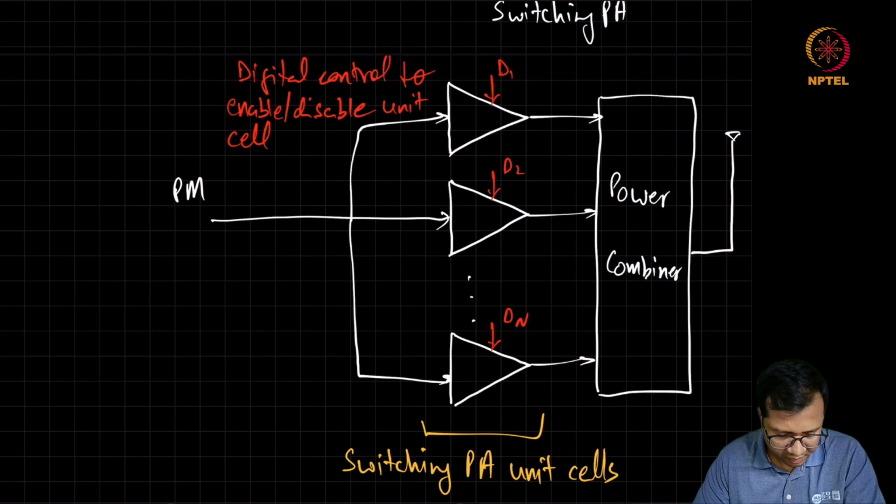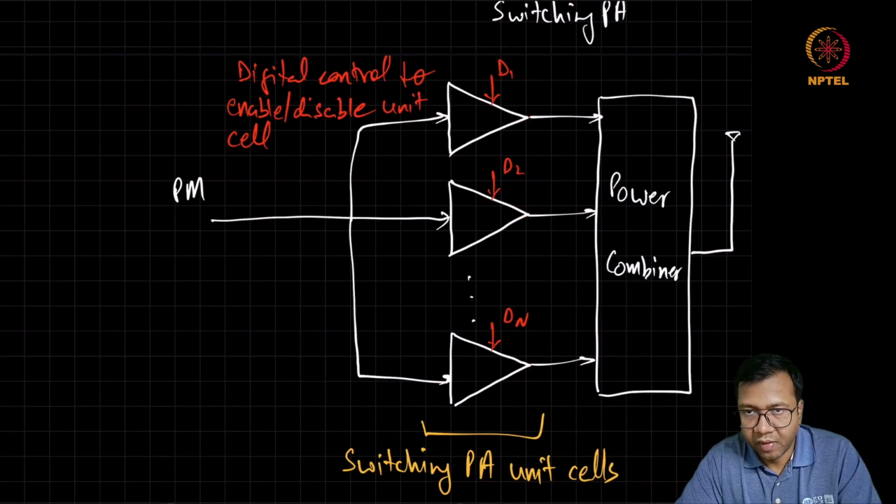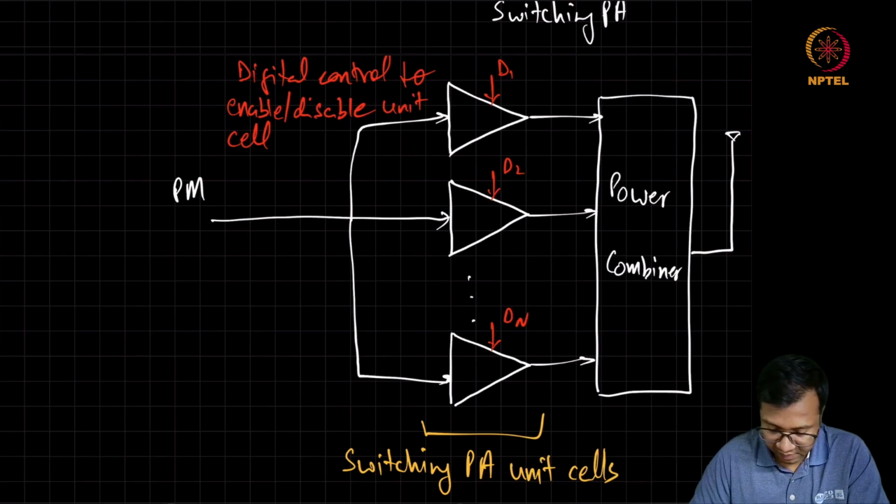Now we can see that this phase information is directly fed to the input of the switching power amplifiers, but by splitting the PAs into these unit cells and having a digital control, now we can also achieve control over the envelope, or we can get amplitude modulation.